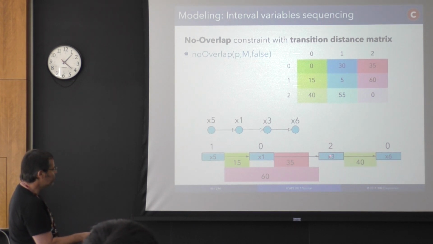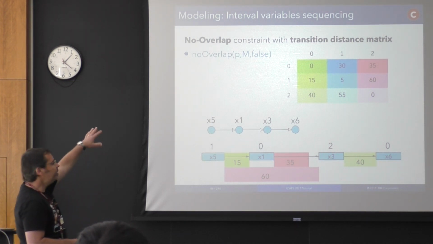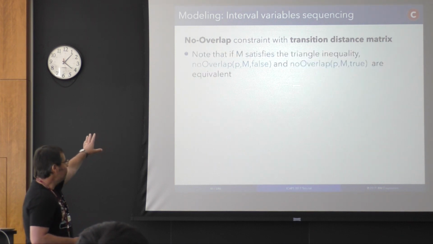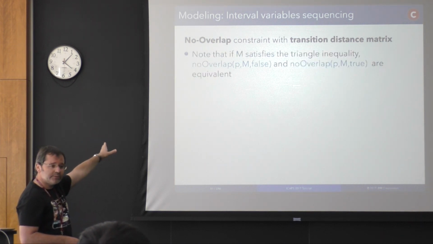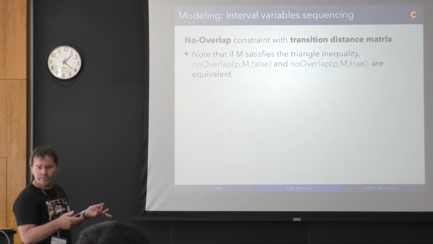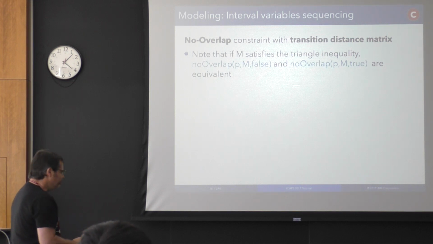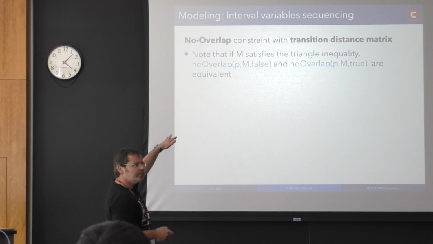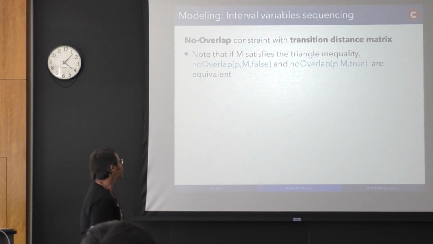So in this case x3 would be pushed also. Actually the distinction makes sense only if the transition matrix does not satisfy the triangle inequality. So this is a little distinction. There are two variants of the no-overlap in this case.